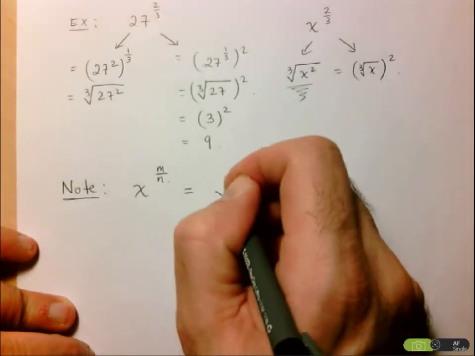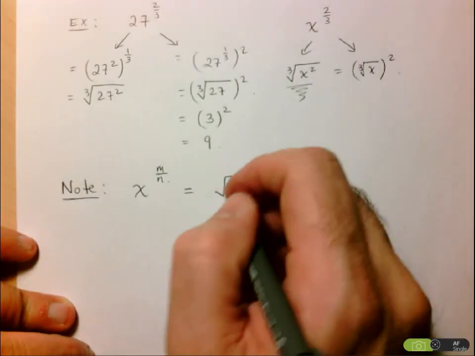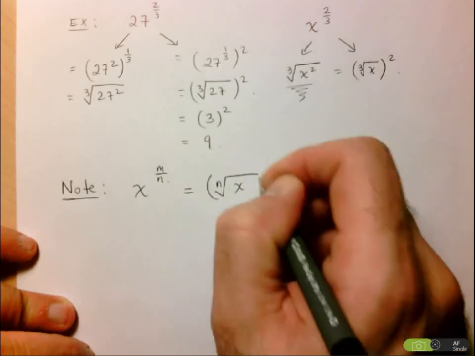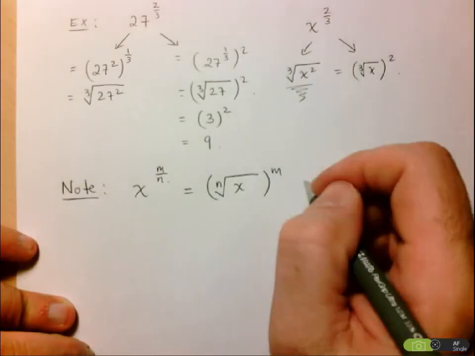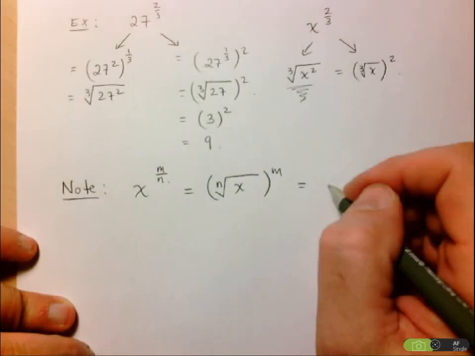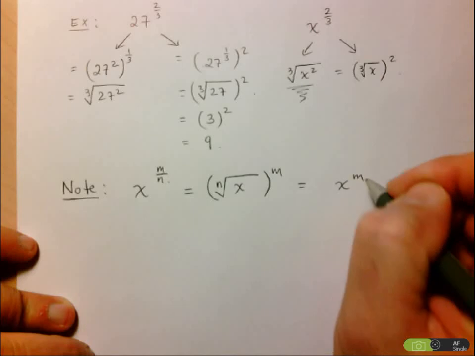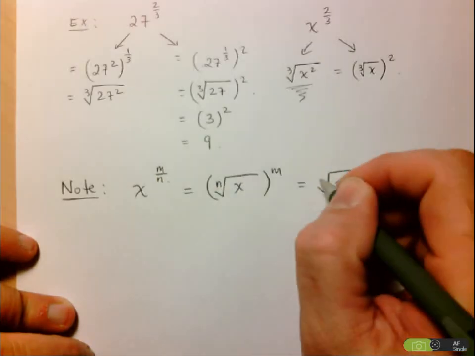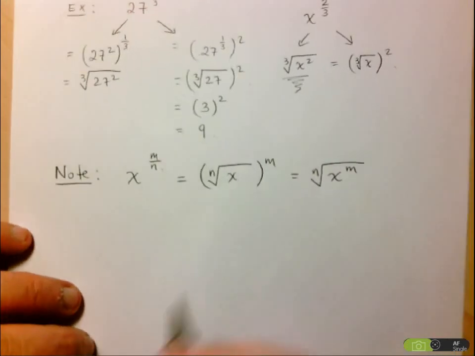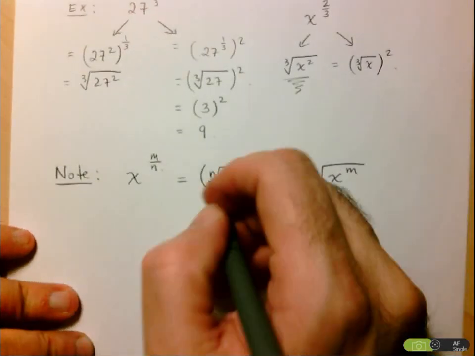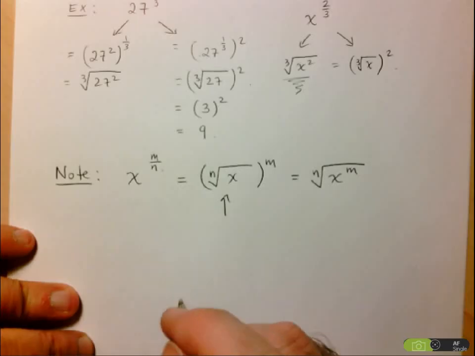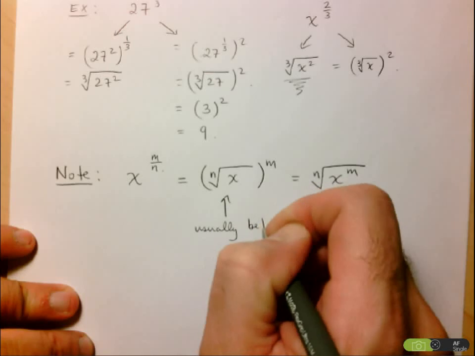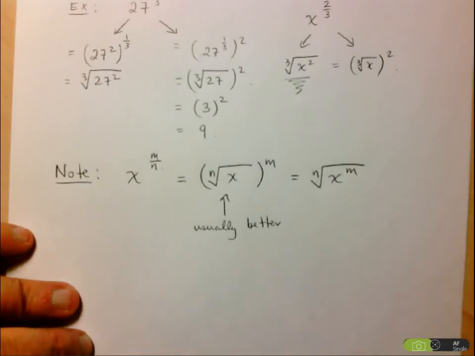We either first take the nth root and then the power of m, or we have the option to first take the power m, the positive integer, and then take the nth root of that. These are both equivalent. So we'll just write ourselves a little note. This is usually better when evaluating a power.